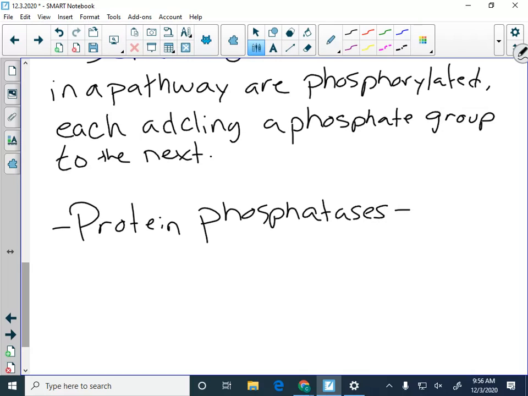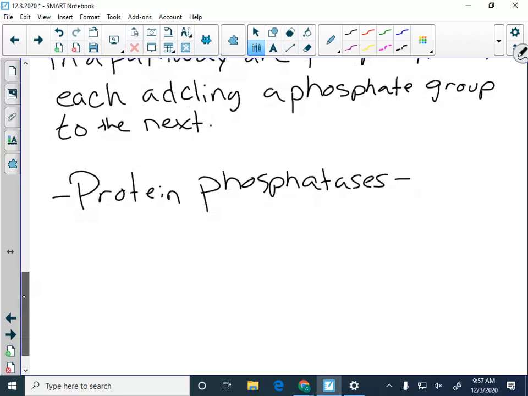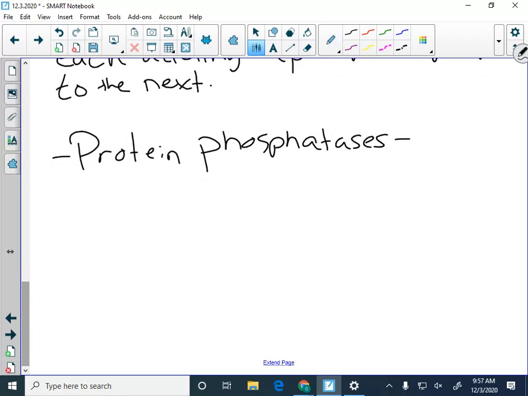The suffix -ase means enzyme, and phospho, so it is taking phosphate groups off of proteins. Protein phosphatases are enzymes that rapidly remove phosphate groups from proteins.